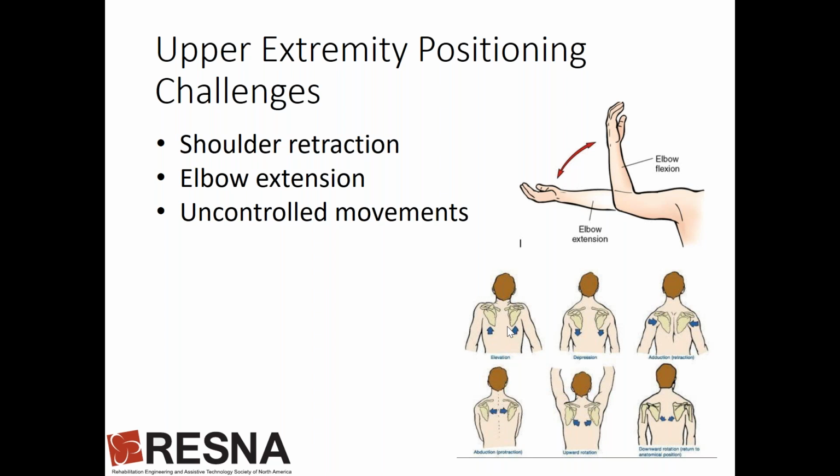Sometimes you're not going to see this in symmetry because it may be because someone had a stroke. Protraction, so abduction, where the scapulas are far away. Sometimes you see this with kyphosis. And then this is upward and this is downward. So those are the scapula movements.